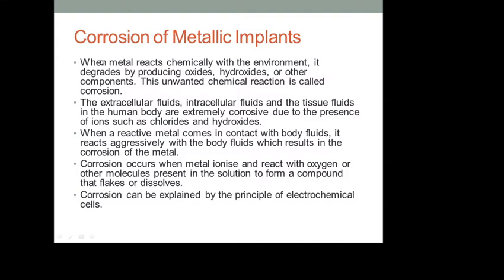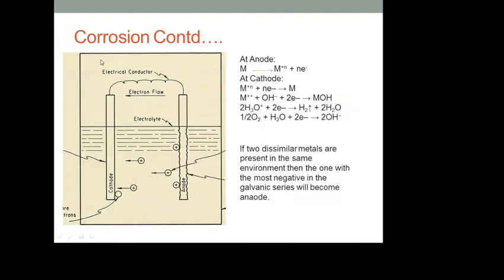If we look at an electrochemical cell, we know that cells have an anode and a cathode. Here the anode is the metal implant and the cathode is the electrolyte surrounding it.